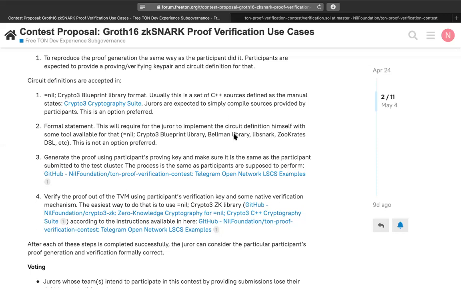Please, jurors, take this into consideration when you judge submissions. It's like we've pulled out a secret technique from one of the participants. It has to be noticed, please.